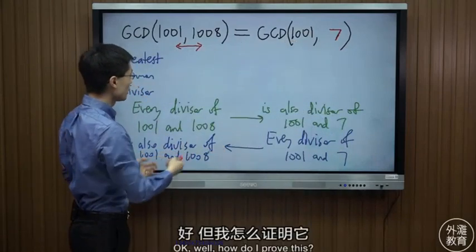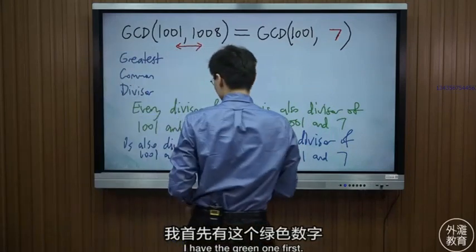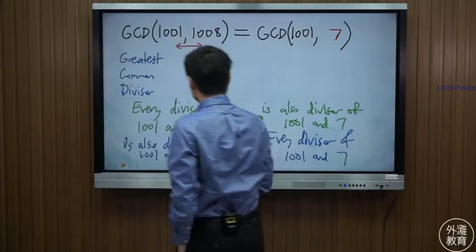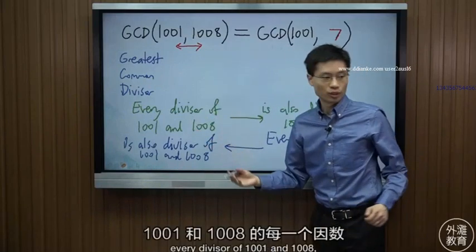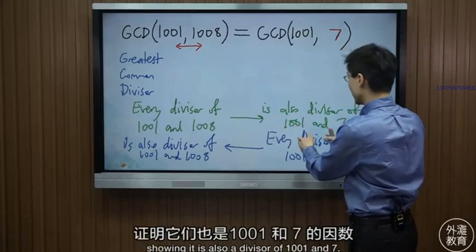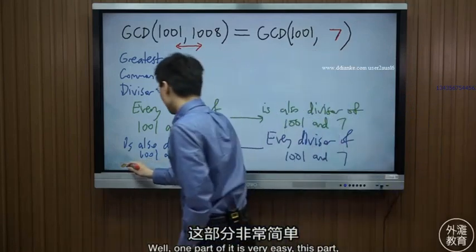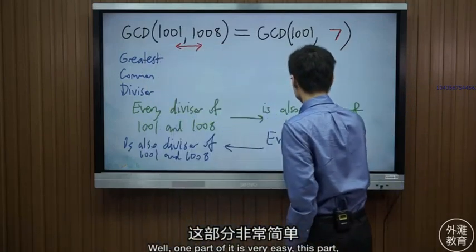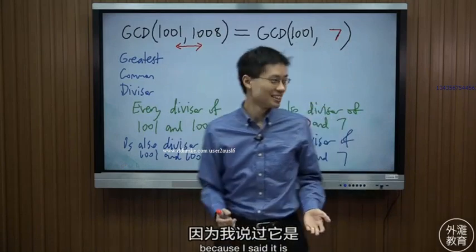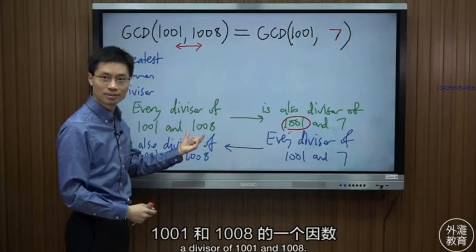Well, how do I prove this? Let's do them one step at a time. I have the green one first. I need to look at every divisor of 1001 and 1008, showing it's also a divisor of 1001 and 7. Well, one part of it is very easy. This part. Because I said it's a divisor of 1001 and 1008.